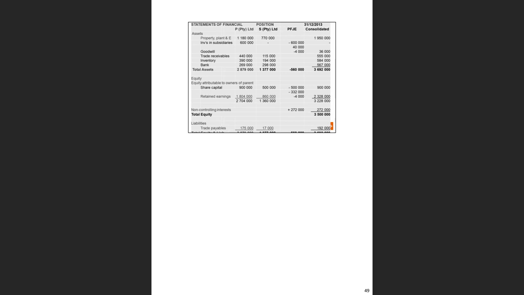So it's P plus S plus our pro forma journal entry that gives us 900,000 Rand of share capital. Then we have retained earnings. P's retained earnings was 1.8 million, and S had 860,000.